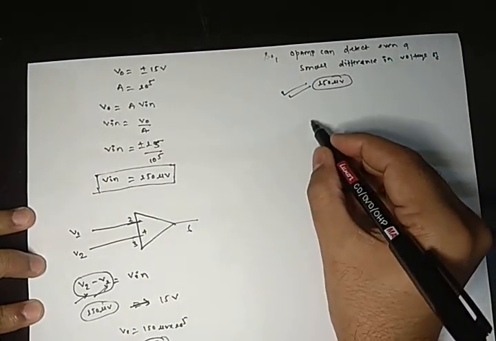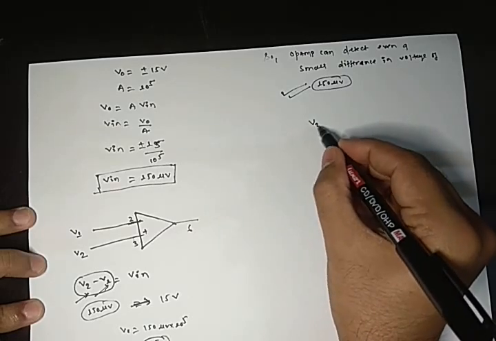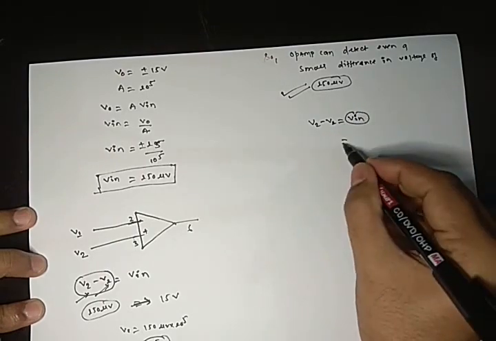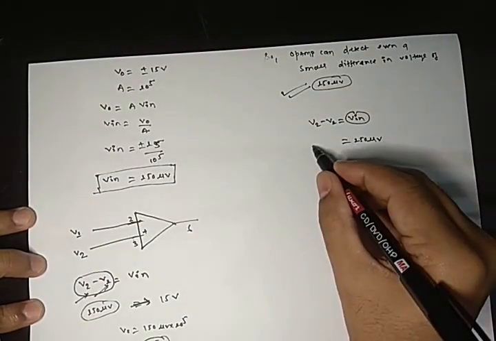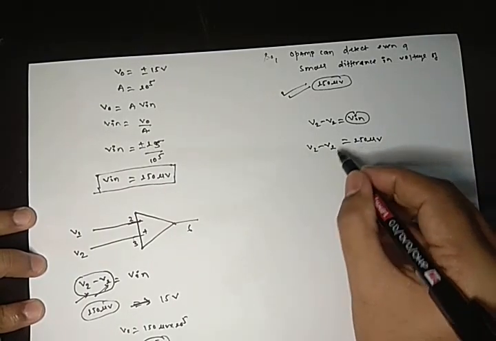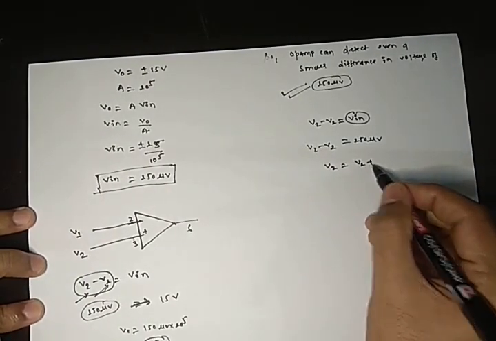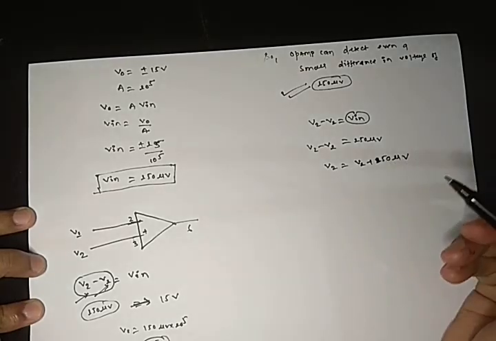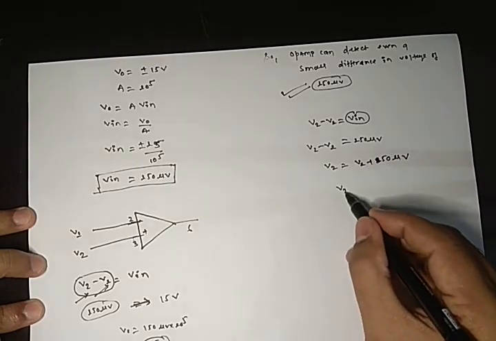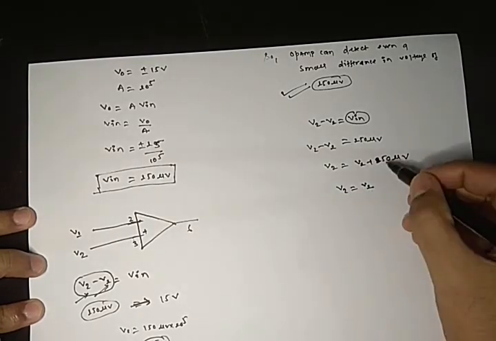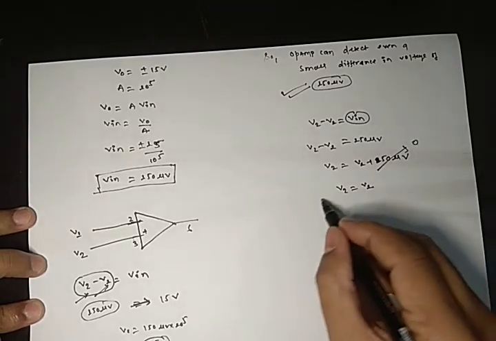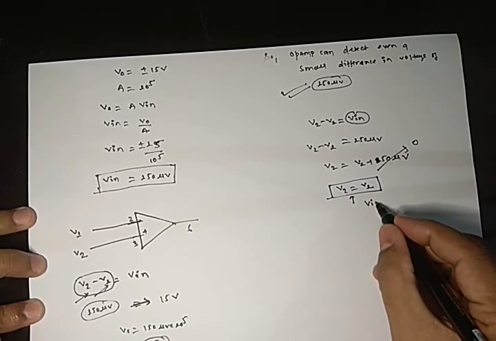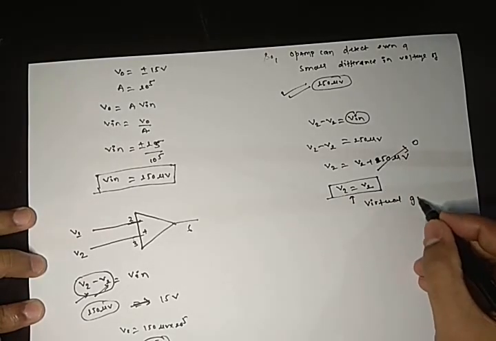Now when we say V2 minus V1 is equal to V in, and V in we have calculated as 150 microvolt, we can say V2 equal to V1 plus 150 microvolt. It means V2 equal to V1, because we can neglect this voltage to 0. So this is called the virtual ground concept.